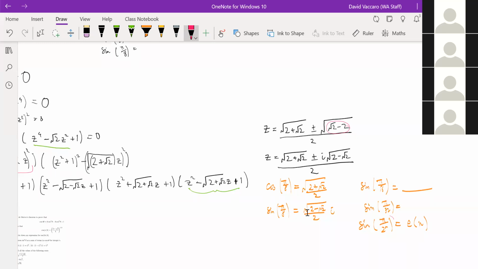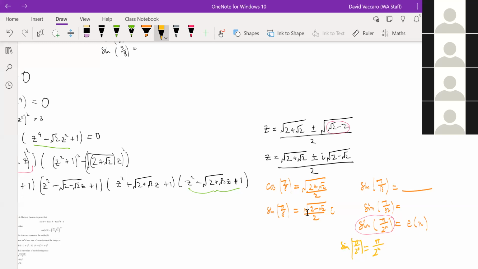Well, can anyone tell me something that sine of pi over 2 to the n is going to be approximately equal to? Pi over 2 to the n would become a really, really small angle. And we know by small angle approximations that sine of pi over 2 to the n is approximately pi over 2 to the n.